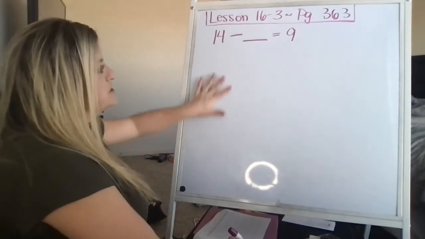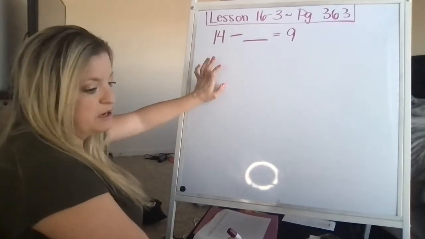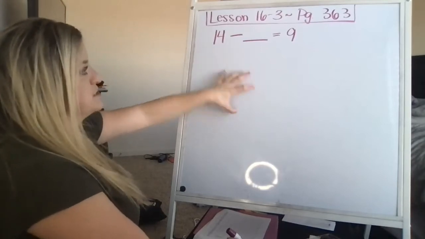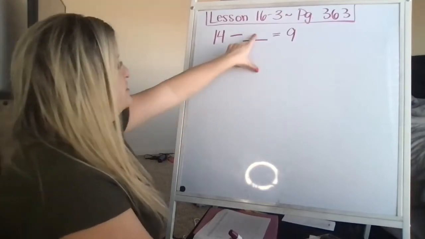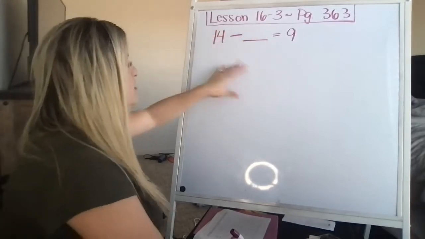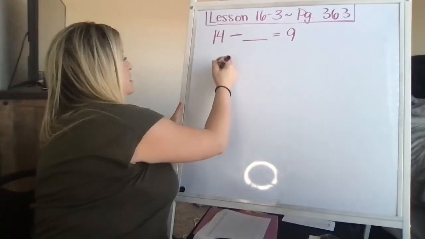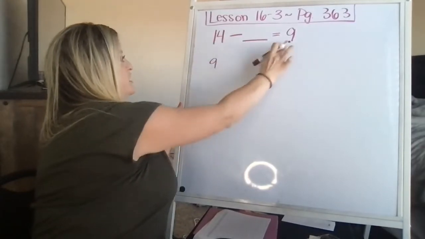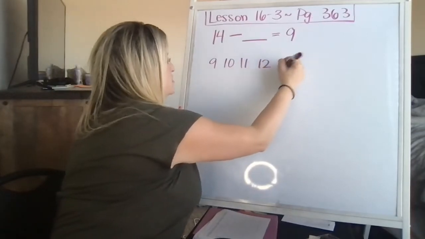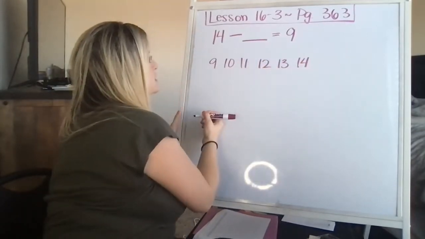All right, I'm going to do this as subtraction, and I'm also going to do it as addition. Because addition and subtraction are opposites, and this number that goes here is a part of this fact family, you can use it either way. To use this as subtraction, I'm going to start with the 9, 10, 11, 12, 13, and 14.